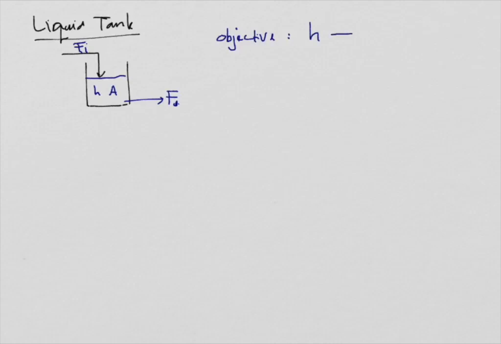So we want the level of liquid in this tank at the desired value. The desired value we call HD. So this is the control variable, or we brief it CV.